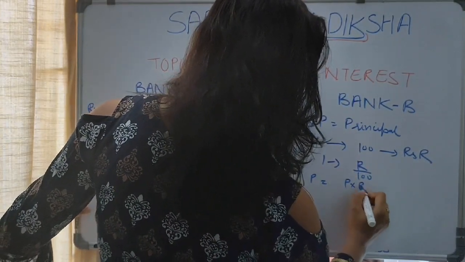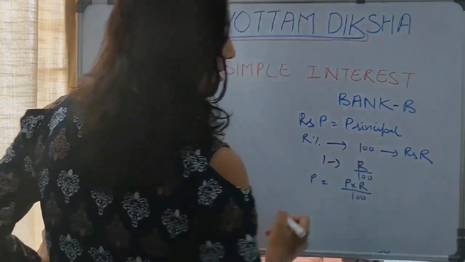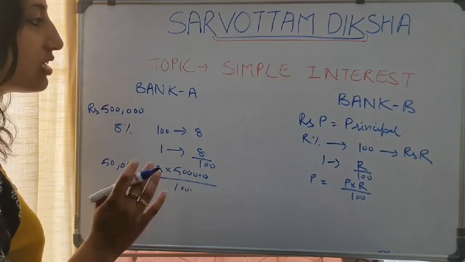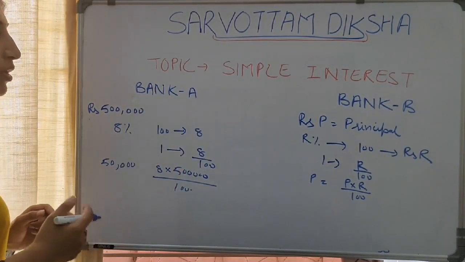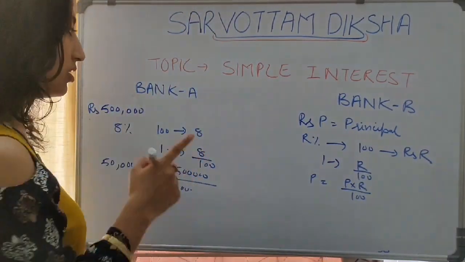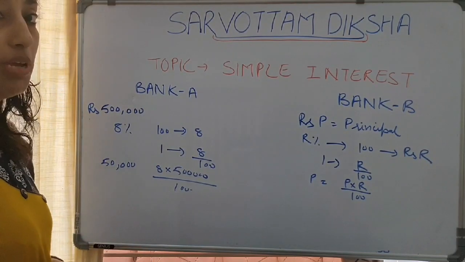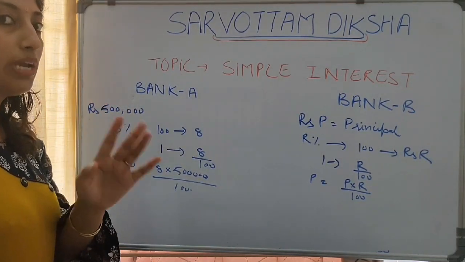I am taking an example along so that it goes inside your mind. Otherwise, you will get confused if I do it directly. Now, this is the amount which you have to pay for 1 year because the rate of interest was for 1 year. Obviously, if I am keeping their money for 2 years, I have to pay double the money.